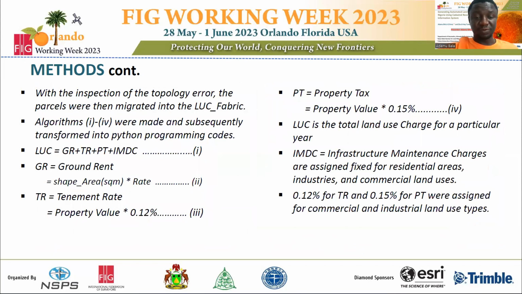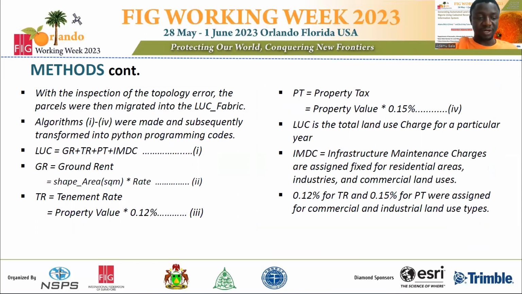With the inception of the topology era, the land use fabrics were used and the parcels were migrated into the land use fabrics, and algorithms 1 to 4 were made and subsequently transformed into the programming language Python.